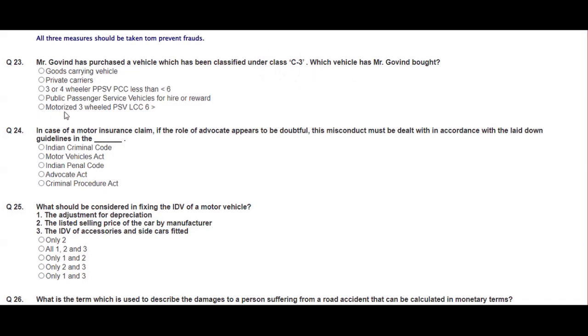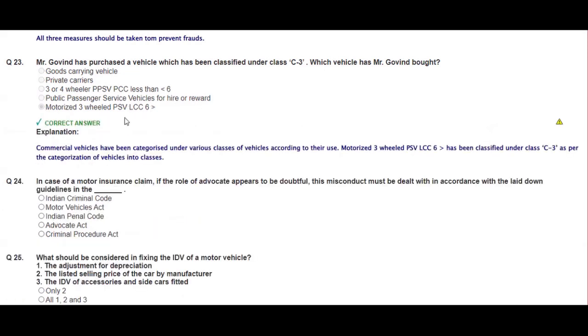It is a motorized three-wheeled PSV LCC 6. Commercial vehicles have been categorized under various classes of vehicle according to their use. Motorized three-wheeled PSV LCC 6 has been classified under class C3 as per the category of vehicle into class. Classified under class C3 is motorized three-wheeler PSV 6.